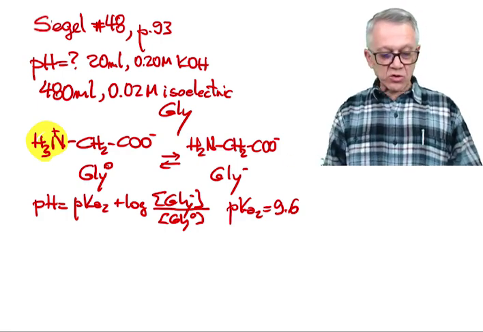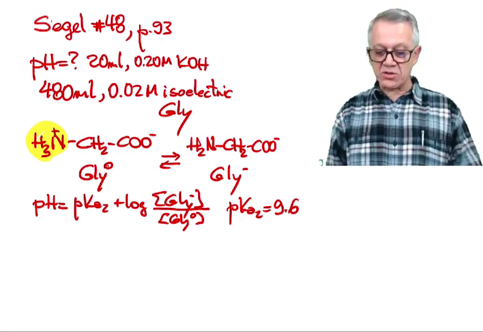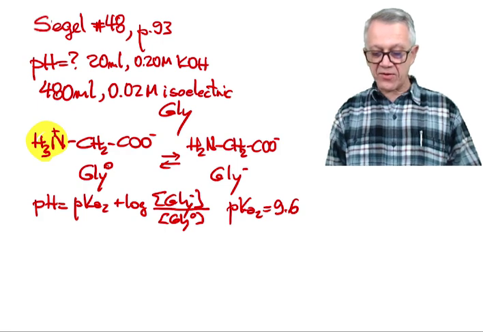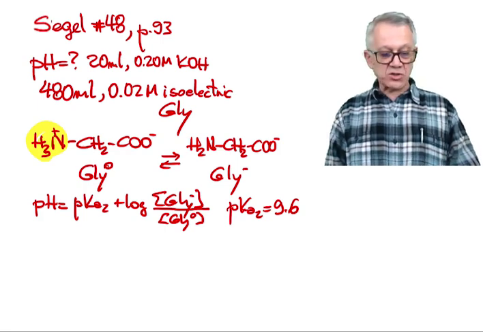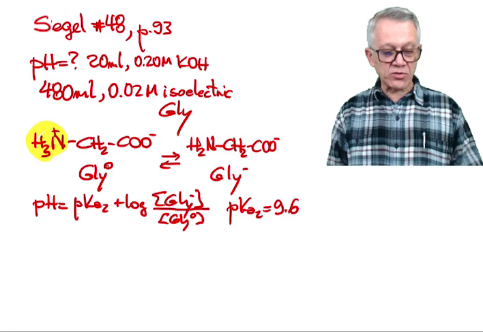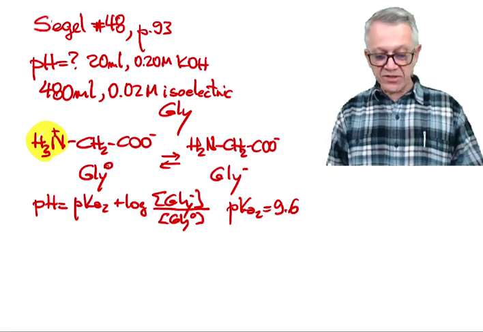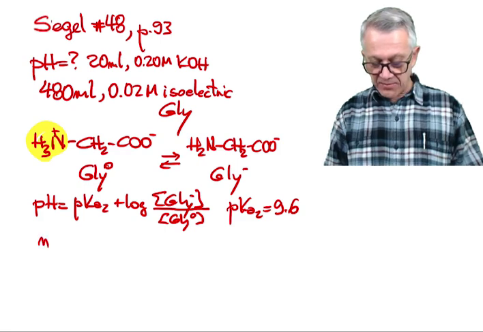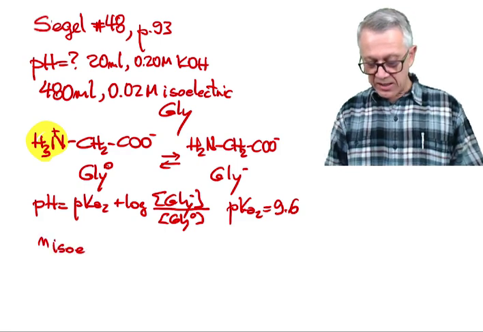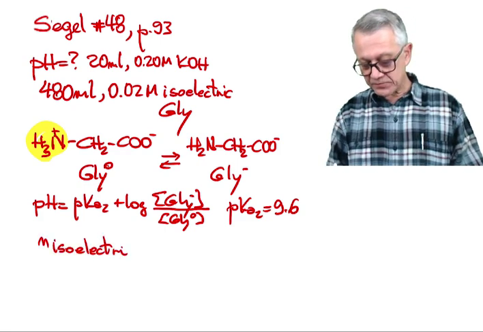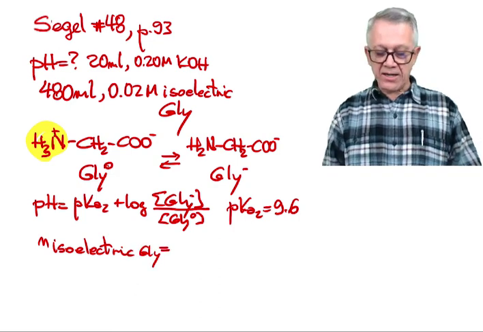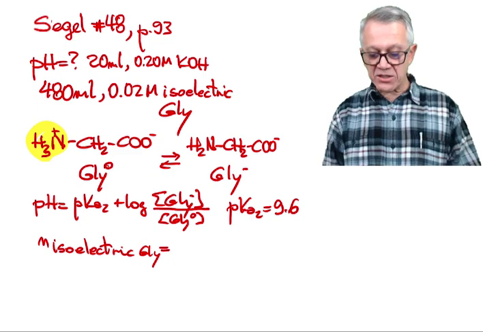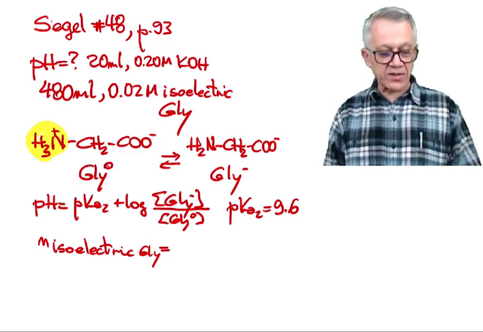So now what I need to know is the concentration of this species, right? Because I had the 480 milliliters of isoelectric glycine. So let's calculate how many moles we have there. First, the number of moles of isoelectric glycine is going to be 480 milliliters and 0.02 molar of isoelectric glycine.